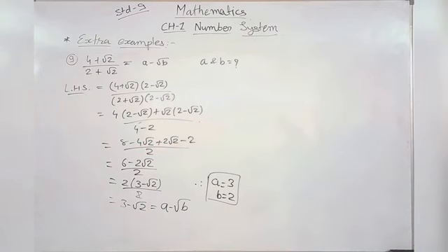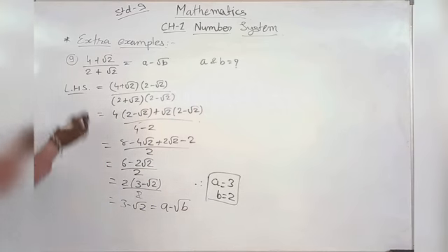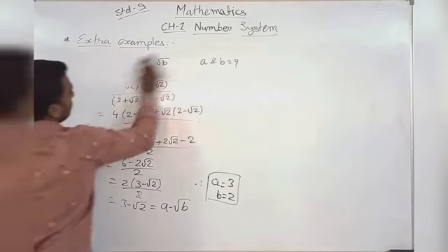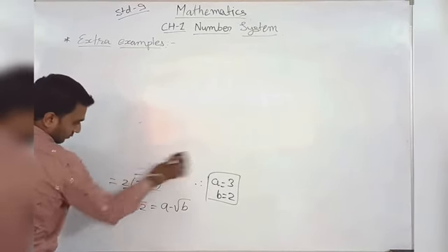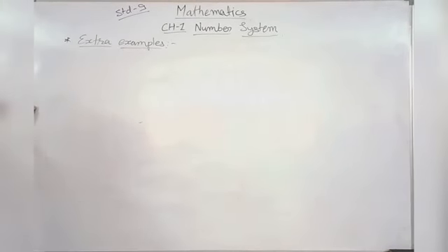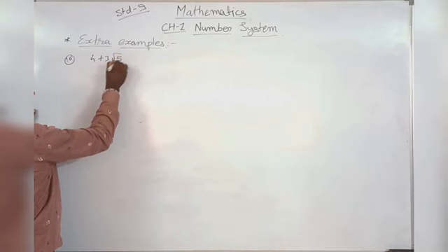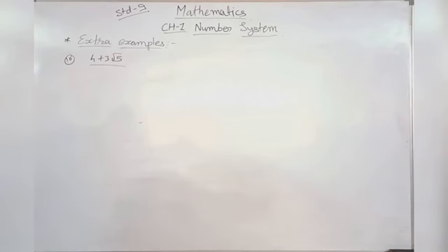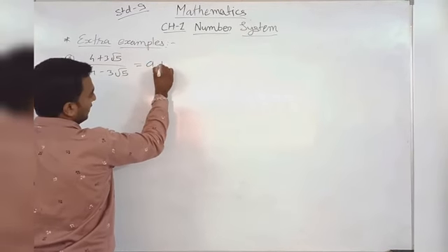Then next we go further. Right, question number 10 is (4 plus 3 root 5) upon (4 minus 3 root 5) equals a plus b root 5.